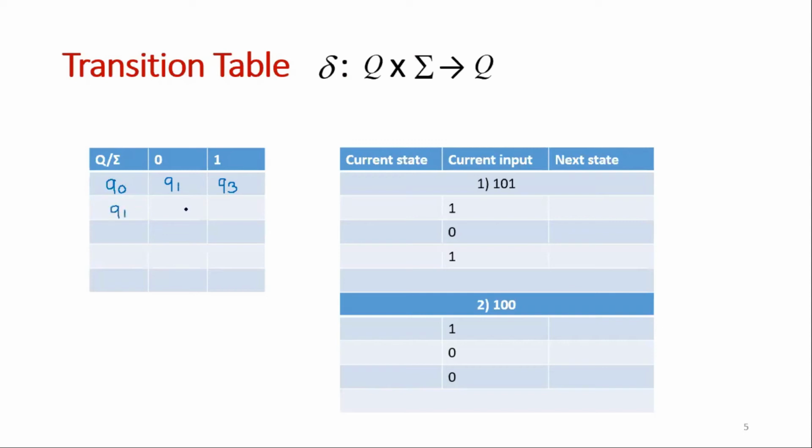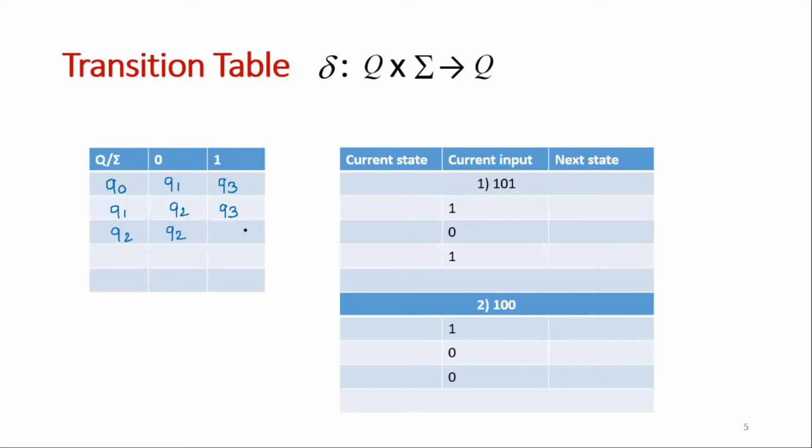Then Q1 state. In Q1, if I get 0, I'll go to Q2, that is a final state. In Q1, if I get 1, I'll go to Q3. Then Q2 state. In Q2, if I get 0, self loop.